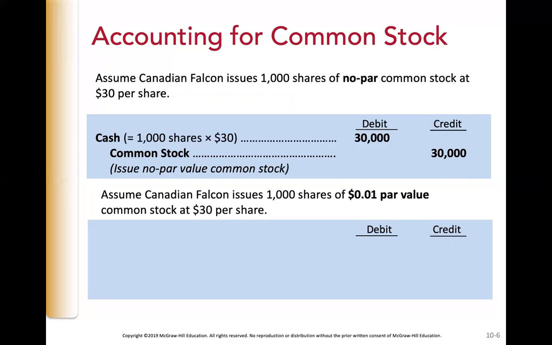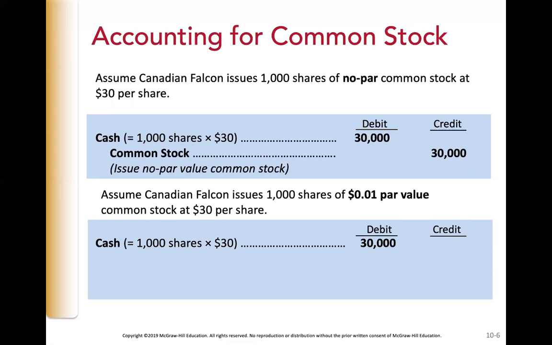But let's assume that Canadian Falcon issued 1,000 shares of 1 cent par value common stock at $30 per share. So what this is saying is that they're issuing 1,000 shares that have a par value of 1 penny, and they're receiving $30 per share for those shares.